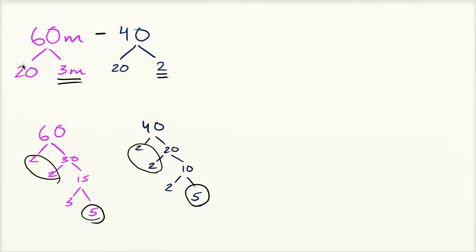But anyway, now that we know that 20 is the greatest common factor, let's factor it out. So this is going to be equal to 20 times, so 60m divided by 20, you're just going to be left with 3m. And then minus 40 divided by 20, you're just left with the 2. Minus 2. So let's type that in.